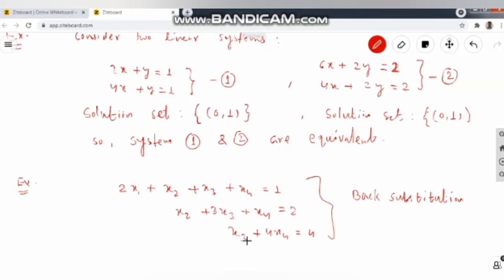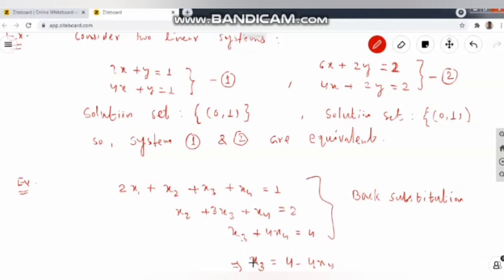So for example, for this system, which doesn't have a unique solution, we take x4 as any real value, and x3 is 4 minus 4x4. Then we put this value in the second equation, so we get x2 in terms of x4.